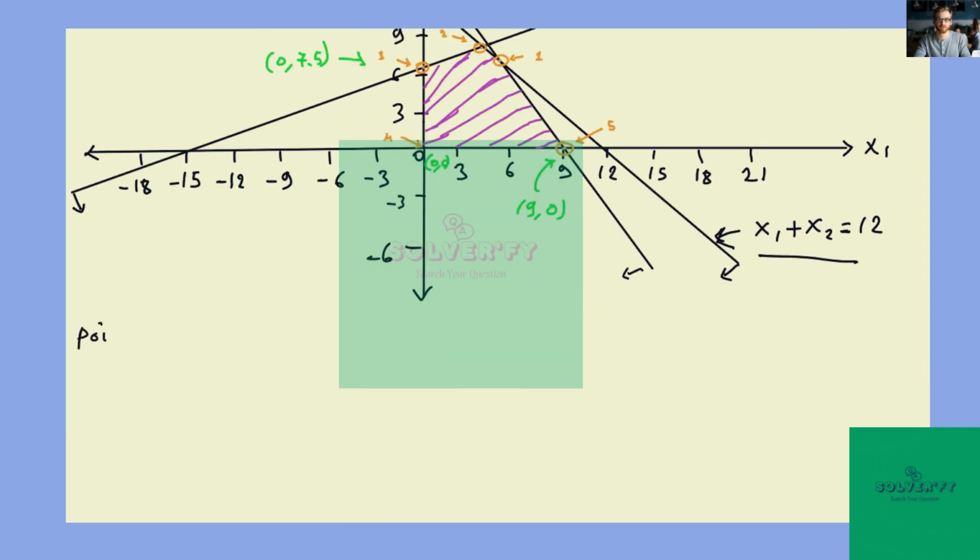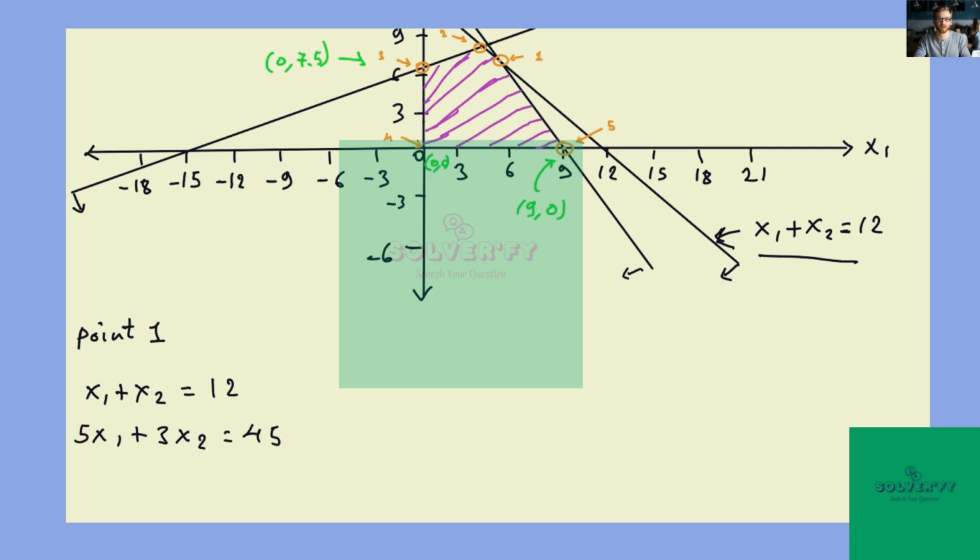Point 1 is at the intersection of equations x1 plus x2 equals 12 and 5x1 plus 3x2 equals 45.